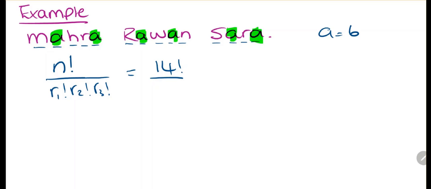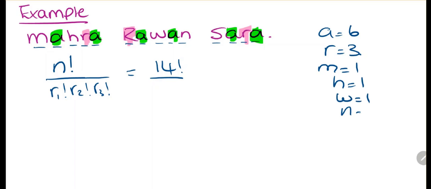We have 3 R's. R equals 3. And then we can see that M is 1, H is 1, W is 1, N is 1, and S is 1. So this is going to be 6 factorial times 3 factorial.